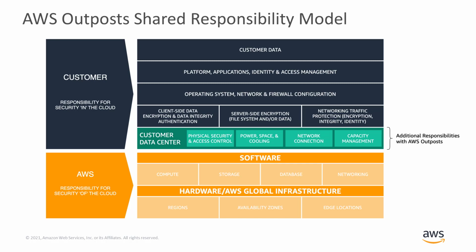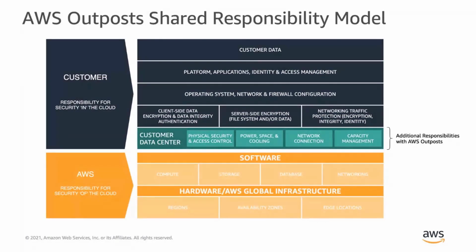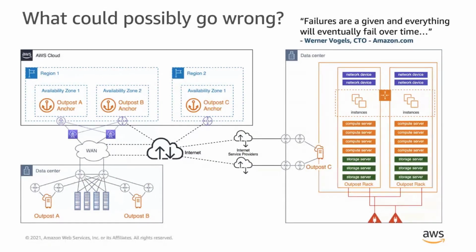As it pertains to Outposts, what are some common failure modes that customers should be aware of and plan for to avoid having unnecessary downtime? Yeah, so these are not really anything different, or they're certainly not atypical for failure modes or for things that you need to plan for and think about today when you're designing existing on-premises enterprise IT systems.